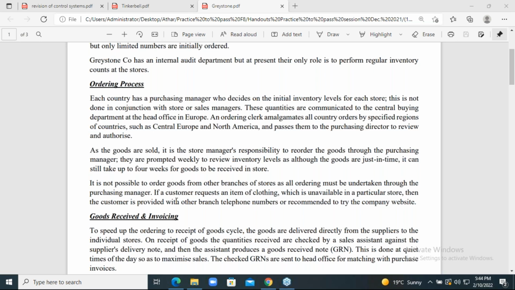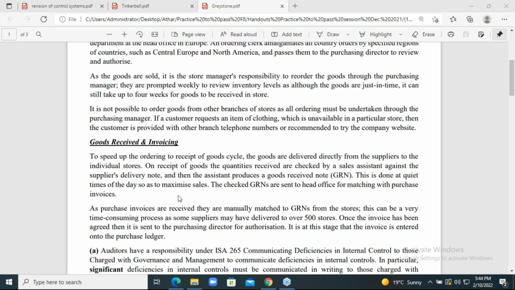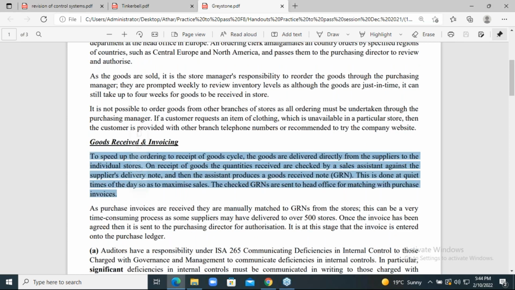Now we can see what is happening: to speed up the ordering to receipt of the goods, the goods are delivered directly from supplier to individual stores. On receipt of the goods, the quantities received are checked by the sales assistant against the supplier's delivery note, and then the assistant produces a goods received note. This is done at quiet times of the day so as to maximize sales. The checked GRNs are sent to head office for matching with purchase invoices.